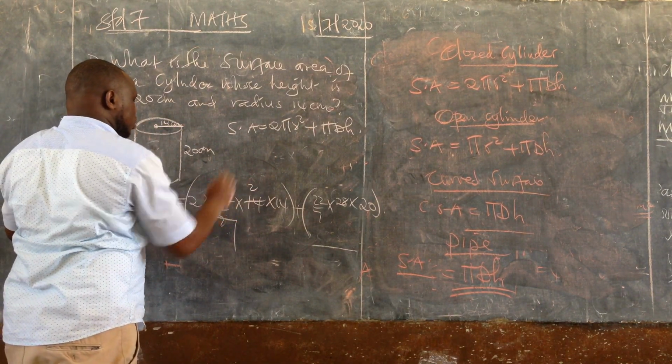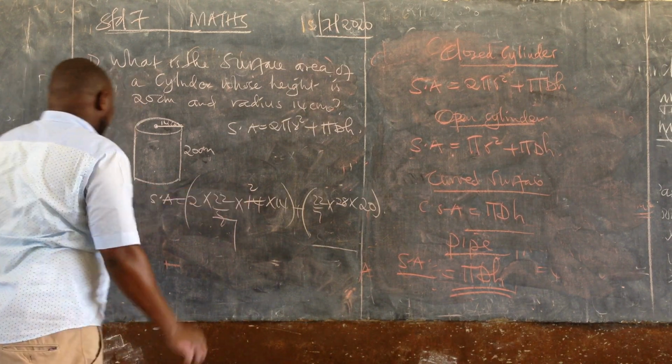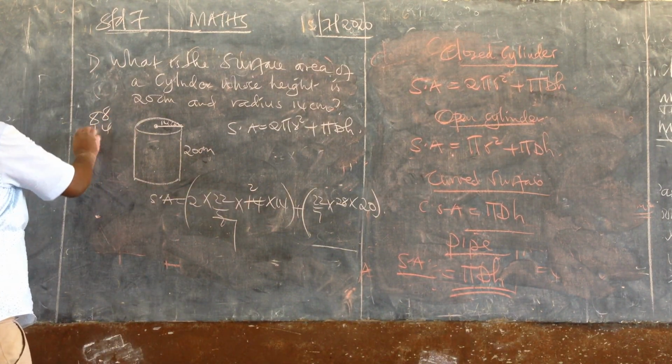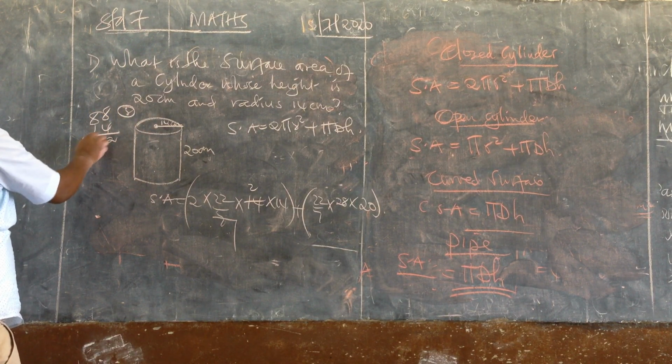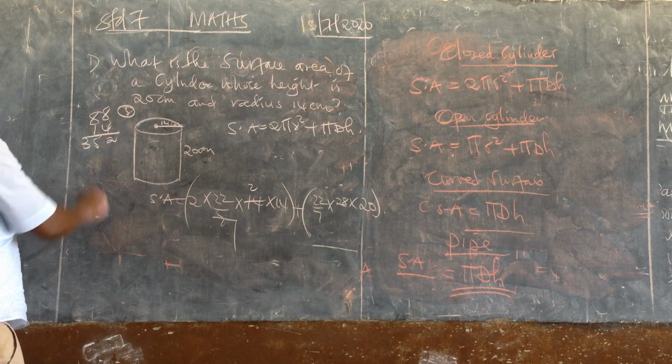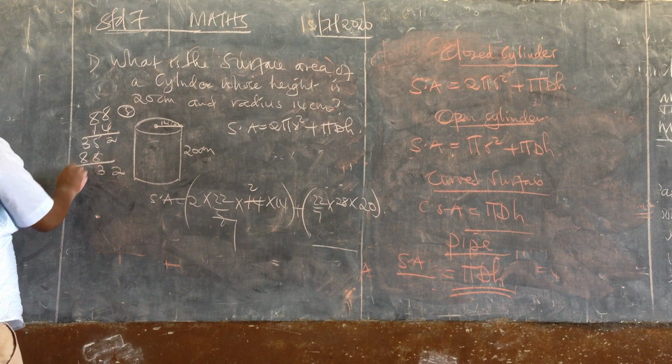So 7 into 14 is 2, this is going to give you 44 times 2, which is 88. 88 times 14 gives 1232.